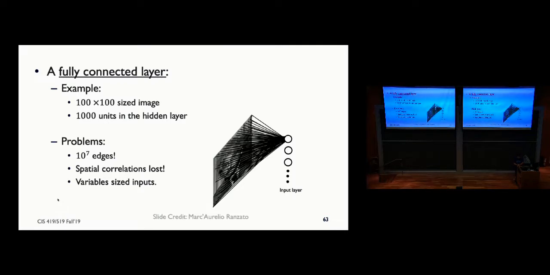Correct. I think the point here is not that we're losing spatial correlations, it's that we're modeling spatial correlations which are not exactly important. So we're also trying to model the first and the last pixel being correlated, right? That we're over-parameterizing it. Kind of, but that correlation might be important for some other task.